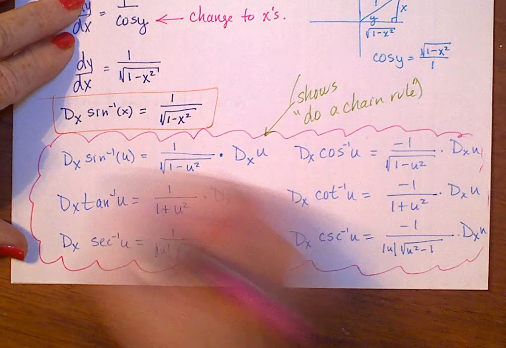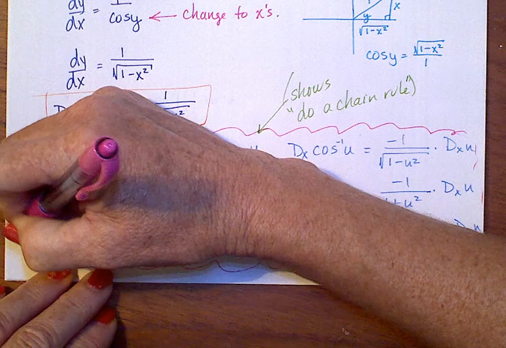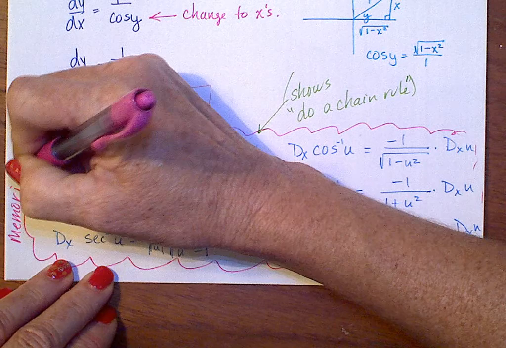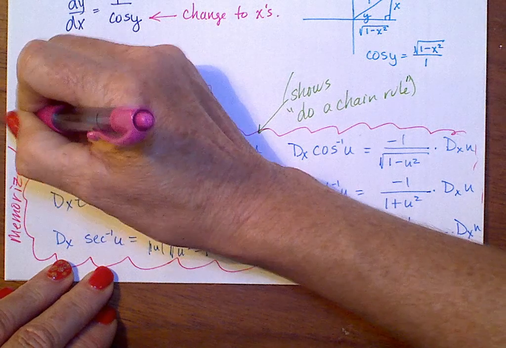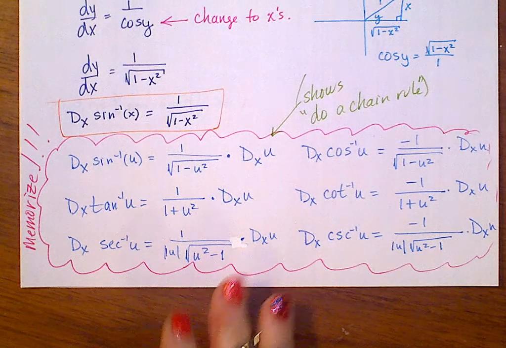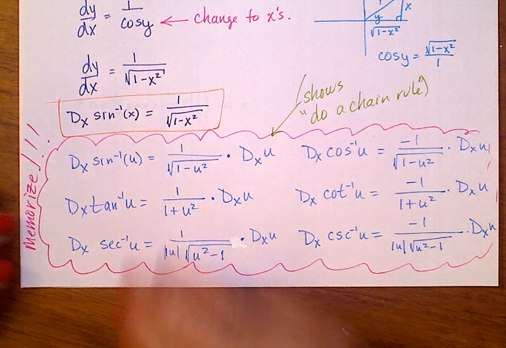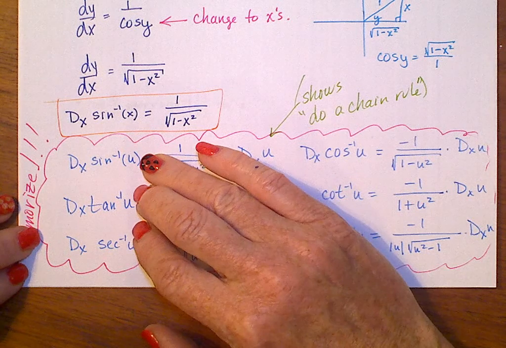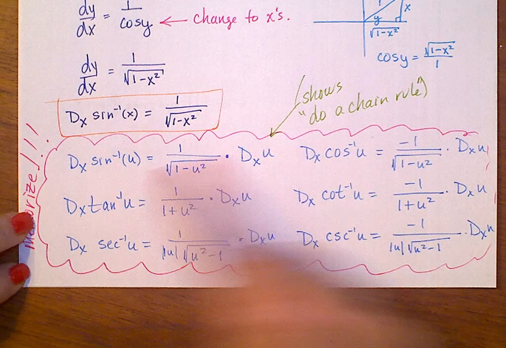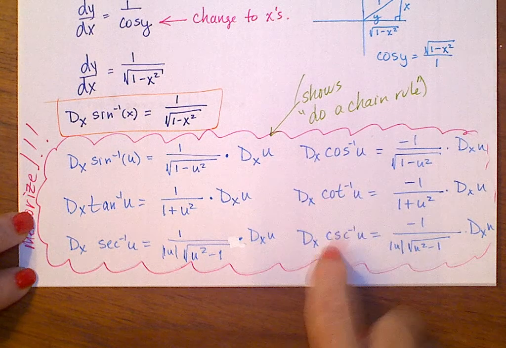Memorize those, please. Really, there's only 3 of them that you have to memorize. These 3 right here. Those are the only 3 that you have to memorize, because what do you notice about the C functions?